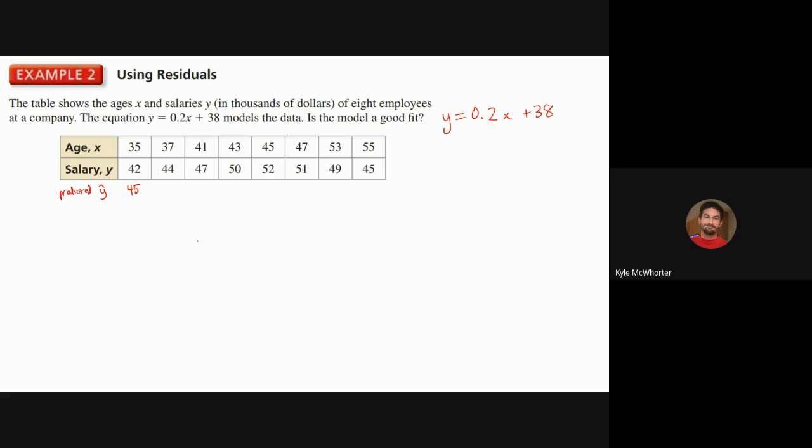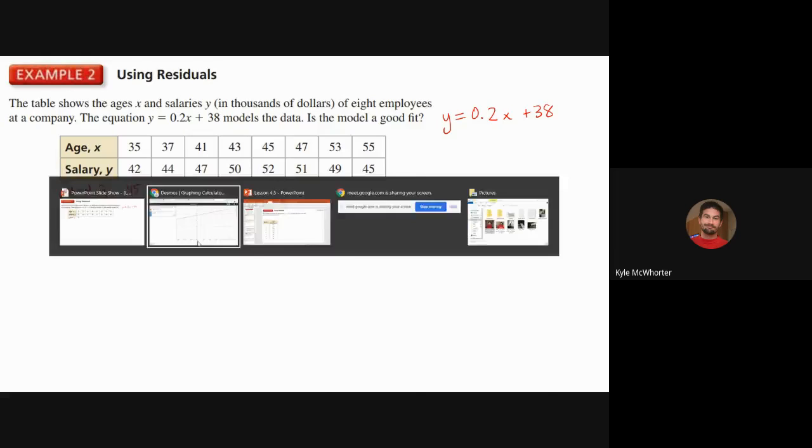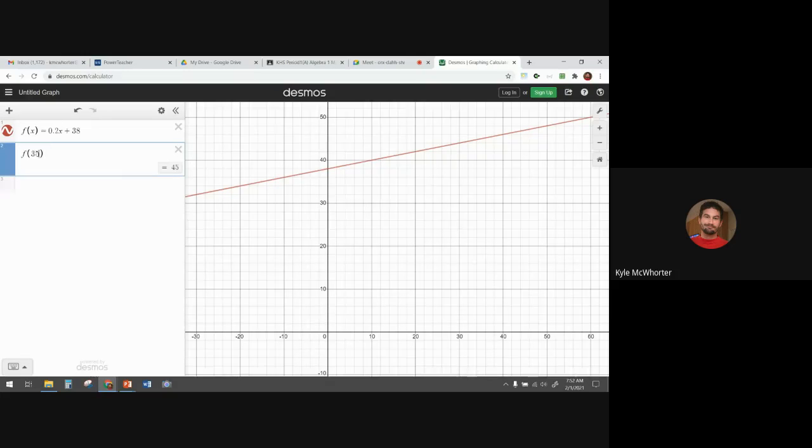Then next is 37. So then I can just go and change this to 37. And it's 45.4.